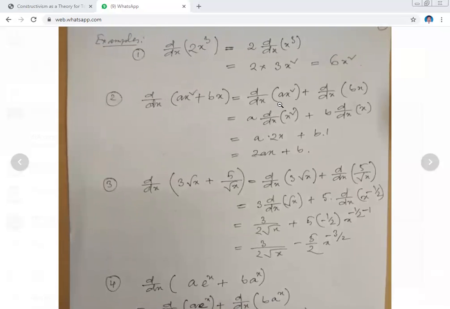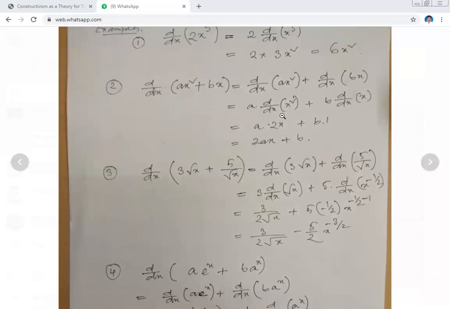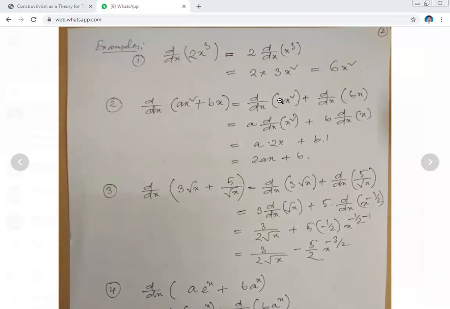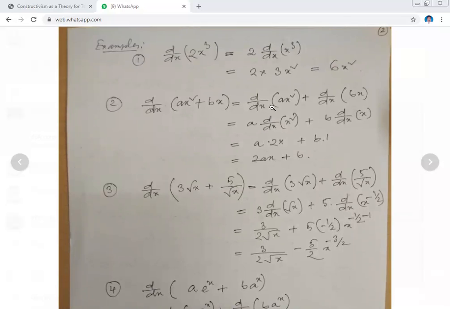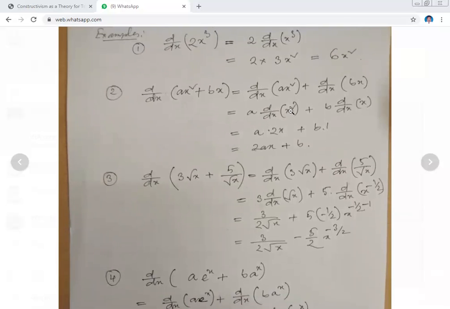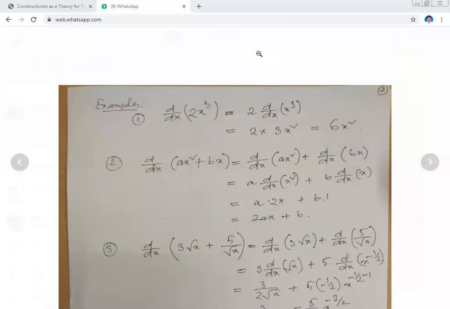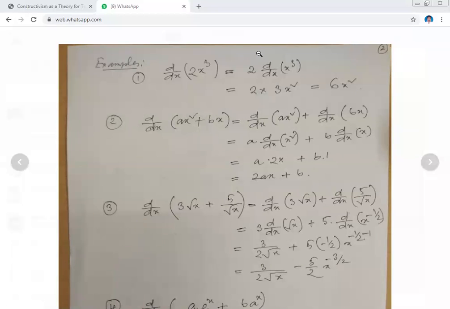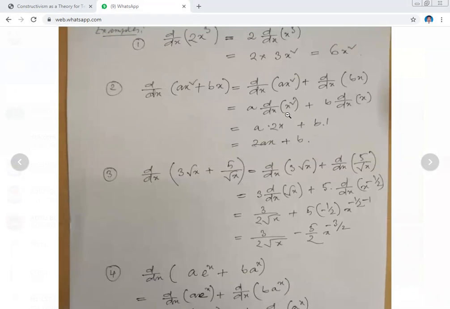Now d/dx of ax square, we have to go to the formula. Now a is a constant, so we can write the constant outside the operator. So this a is written outside d/dx of x square. So d/dx of the first, d/dx of the second.